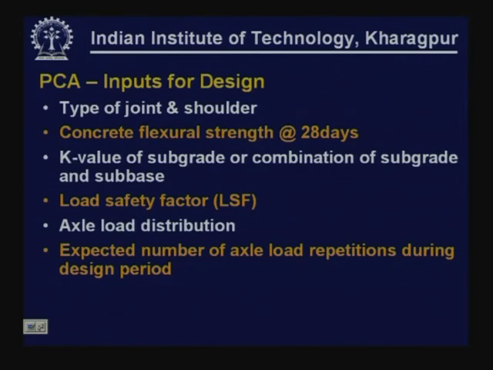Concrete flexural strength at 28 days has to be obtained, and the K value of subgrade or the combined modulus of subgrade reaction of subgrade and any granular treated or untreated base has to be available. We have to select a load safety factor depending on the type of facility. We have to have information on the axle load distribution. We also have to have projection about the expected number of repetitions of different axle load groups during the design period.